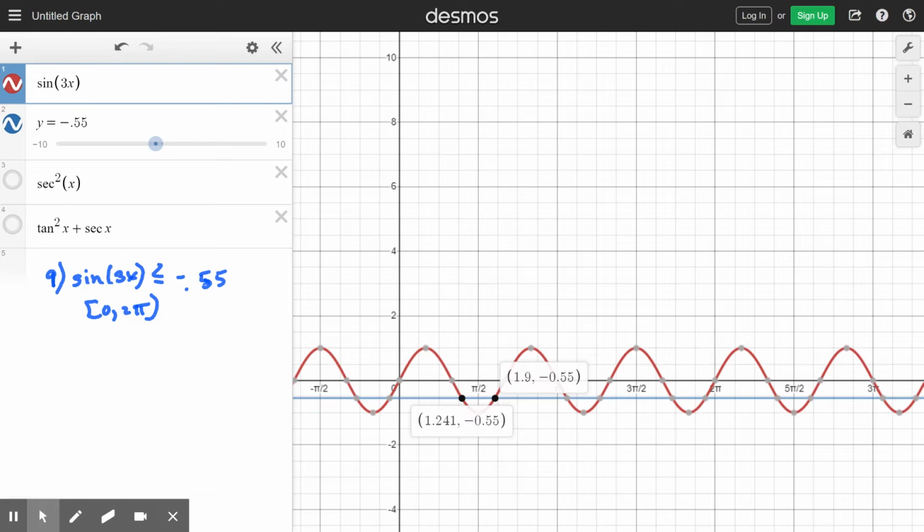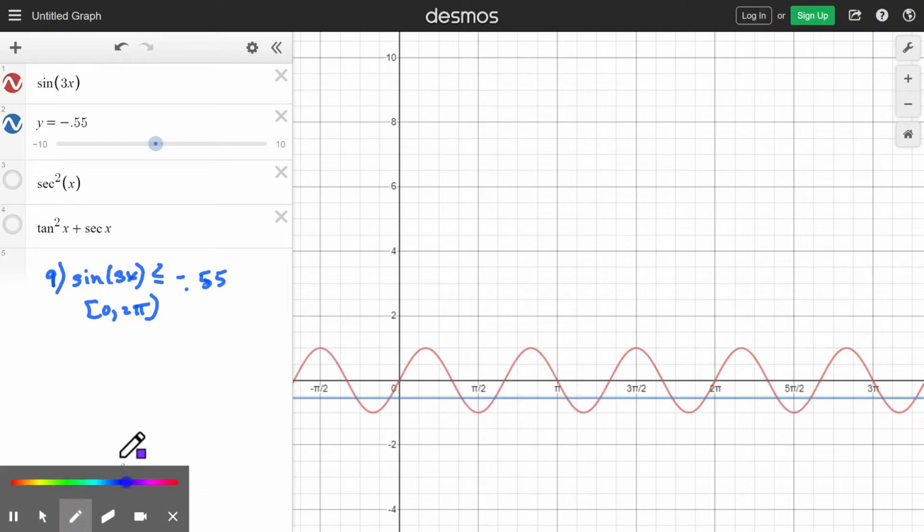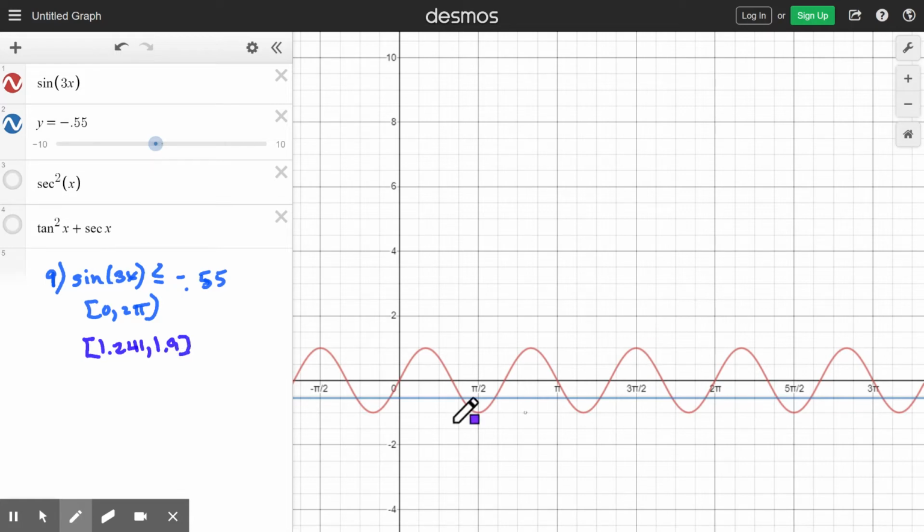So we would say, whoops, I just lost my points. 1.241 to 1.9 thereabouts, close bracket because it's equal.